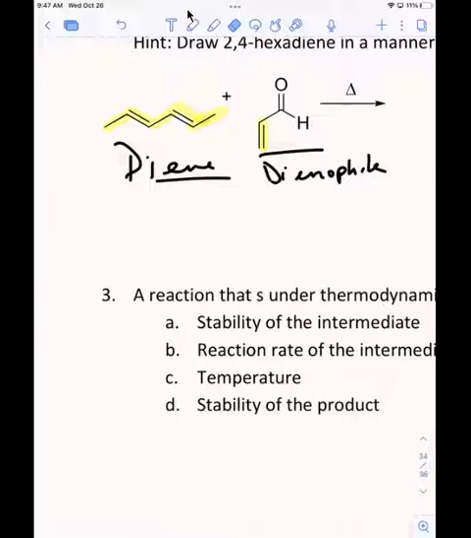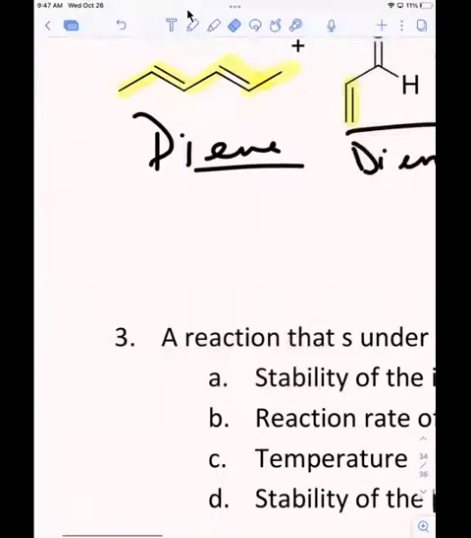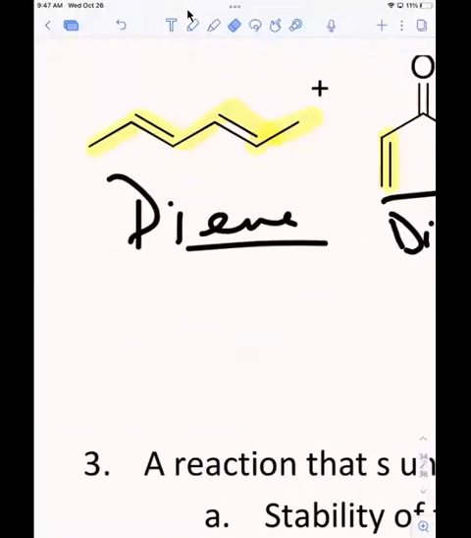It's more structural than it is electronic. Oh, right. It's got to be cis. Good. The pi bonds have to be on the same side of the sigma bond. Right here, they're not. This is the sigma bond that connects your two pi bonds, and the two pi bonds have to be on the same side of that sigma bond.